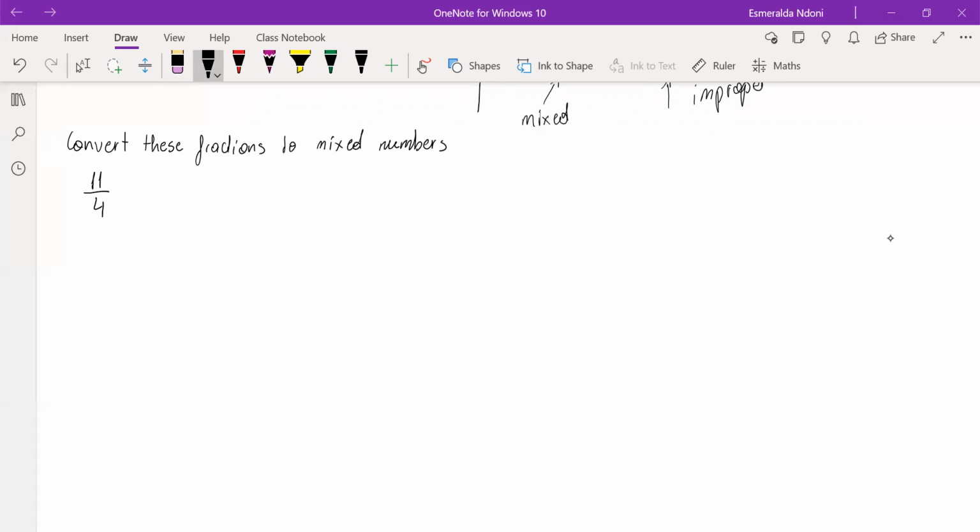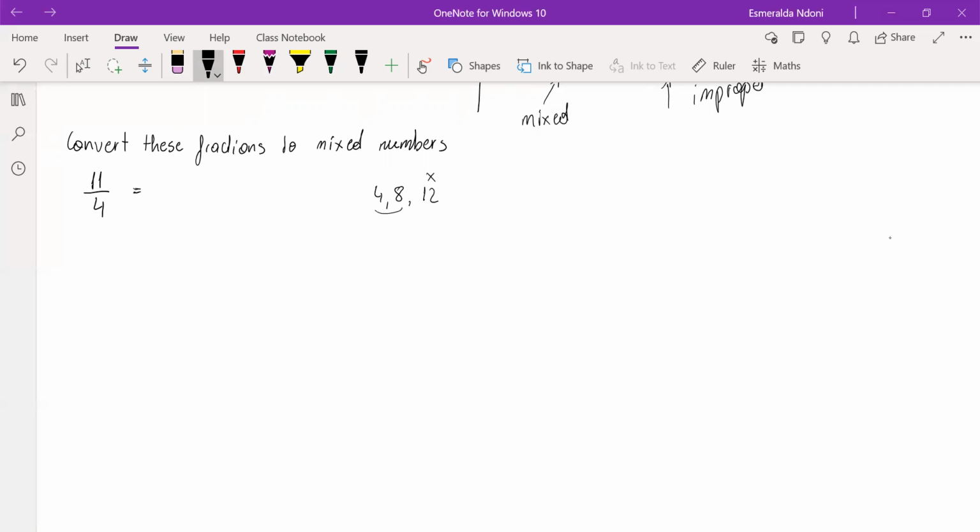This is my task, and I have a fraction, 11 out of 4. The way you're going to do this is you're going to ask yourself, how many 4s go into 11? So we're going to go 4, 8, 12. Well, this can't be because it's too many.